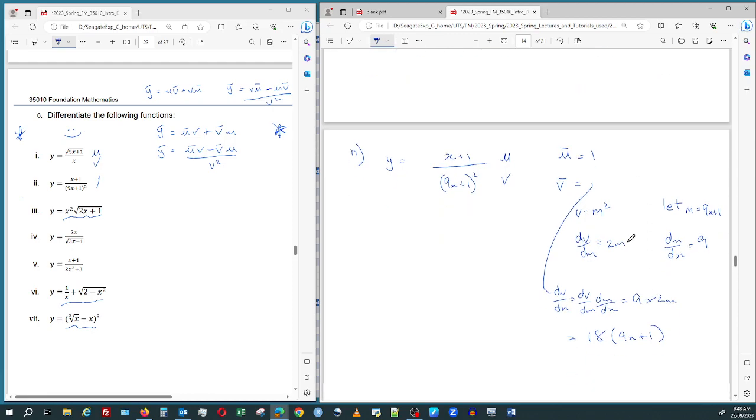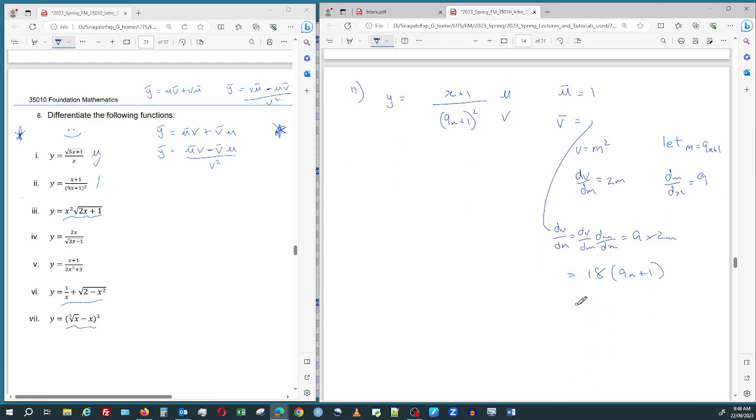Now it's a simple expansion. So we can actually do an expansion if you want to. 18 nines. 9 8s are 72. 9 1s are 9. 162. So 162x plus 18.